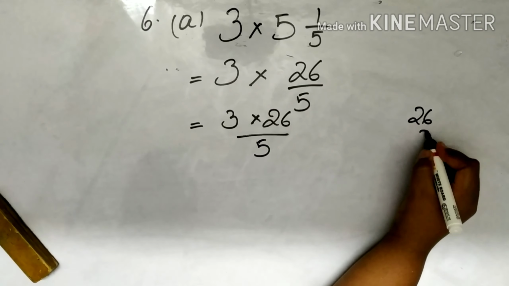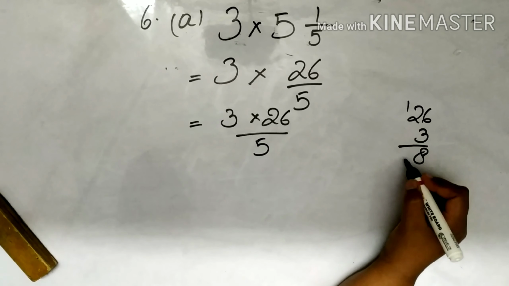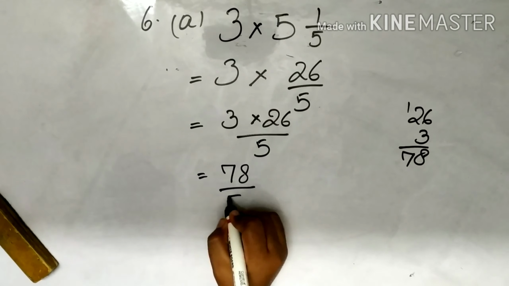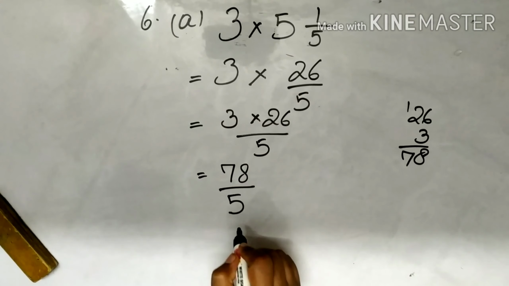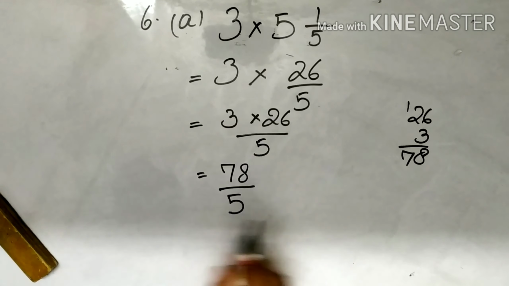Now 26 into 3 is 78. So the answer is 78 divided by 5. Now we can't stop here because it is an improper fraction. So we have to convert it back to a mixed fraction.